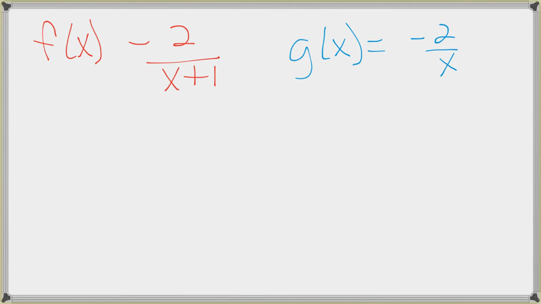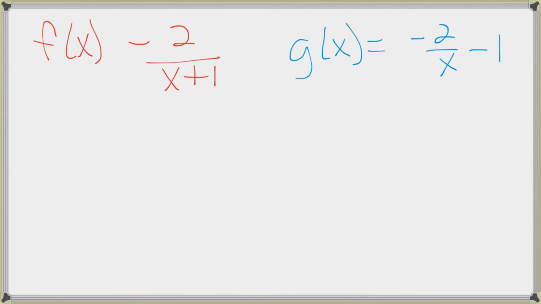F of x equals negative 2 over x plus 1. G of x equals negative 2 over x minus 1.